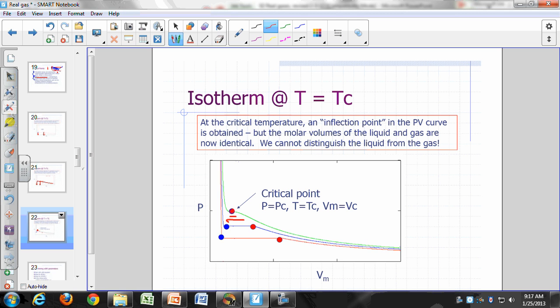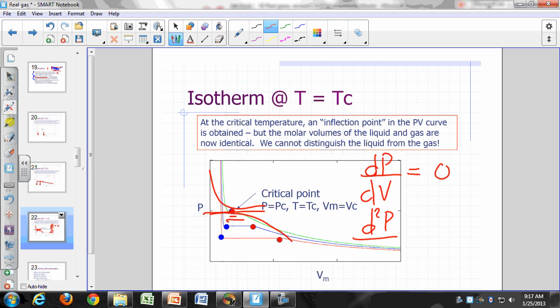That's an inflection point. So what's the value of the derivative there? At the inflection point, dP/dV is going to be equal to 0, right? And that's also the point where your curve changes from concave downward to concave upward. So at the inflection point, what's the other condition that's satisfied?